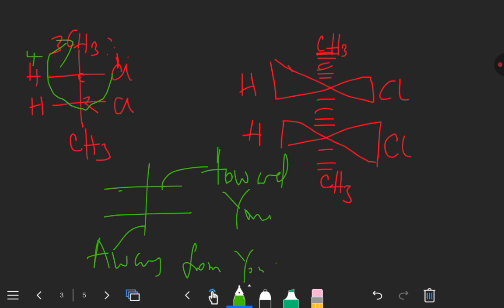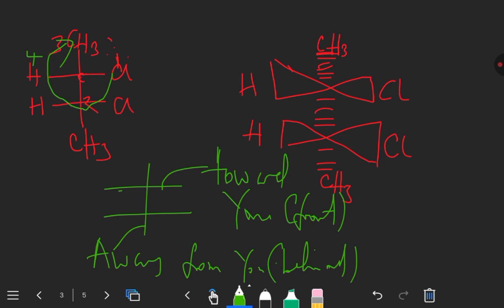Because this hydrogen is horizontal, pointing towards you, it means that it is in front. If it was pointing away from you, it would be behind. And because this hydrogen, the fourth group, is in front, we need to interchange the configuration.